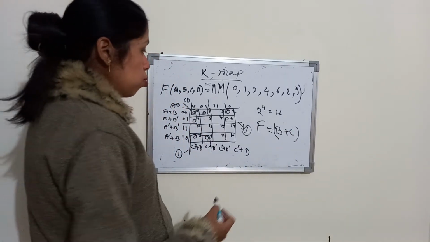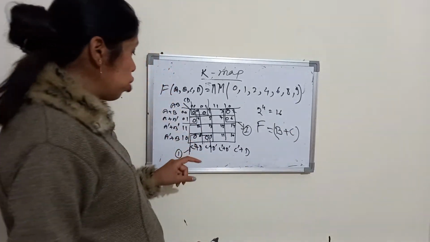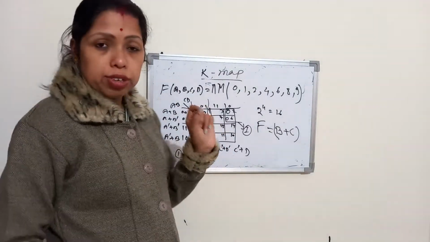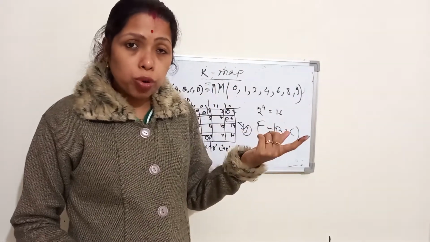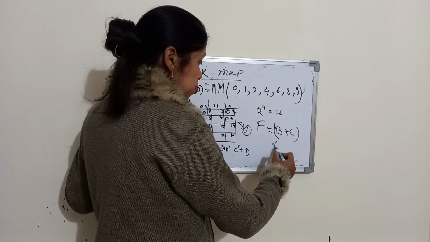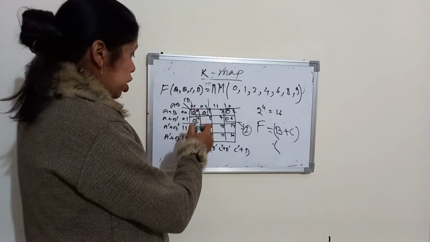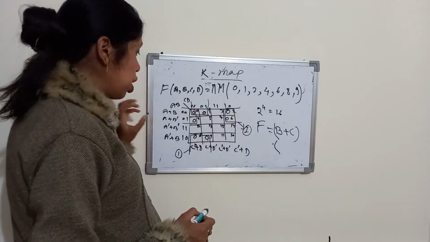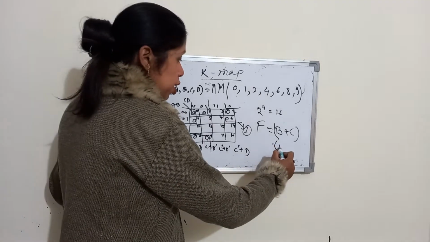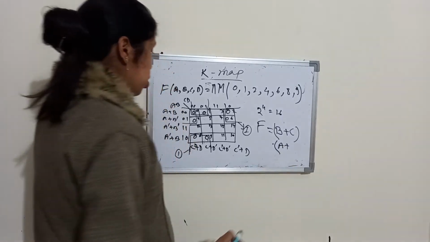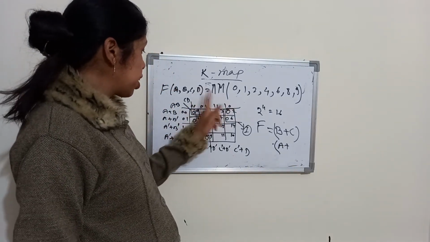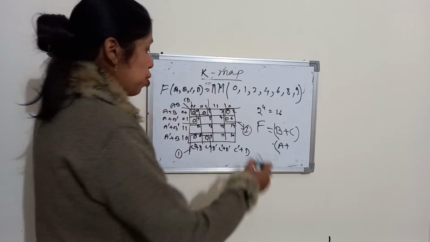Now if you want to include the second group, for a POS I have mentioned the plus sign within a group, and to include one more group I have to put the dot sign. Now I check which values are common for this group. Here I can see A is common, and on the other side D is common.